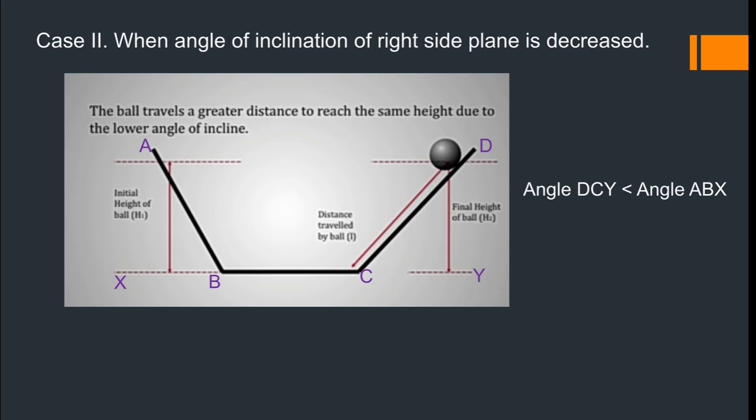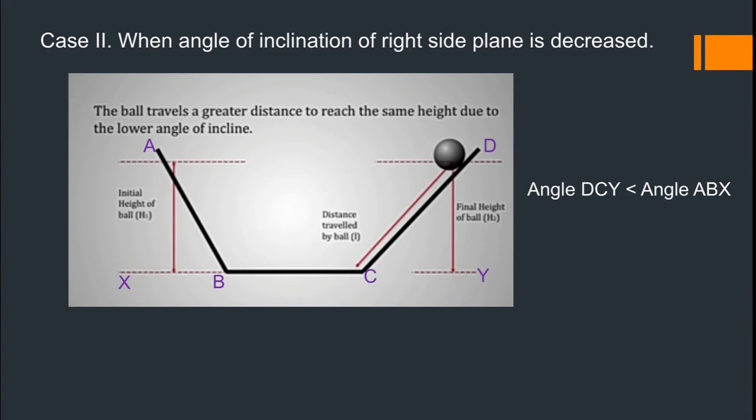It means the angle of inclination of the right side plane, that is CD, is less than that of the left side plane AB. Now what did he observe? He observed that when the ball is left at a height h1 from the plane AB, then it climbs a greater distance on the plane CD in order to attain the same height h1 from which it is left.